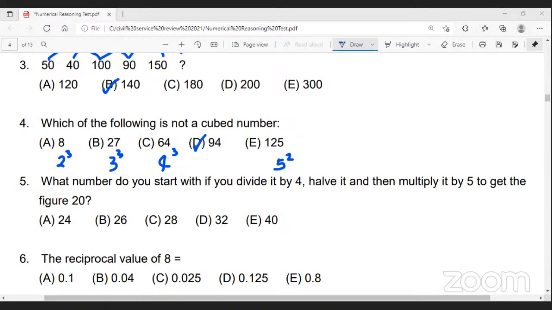Working backward. Start with the last, with the result. Make use of the result, and go working backward until you get the number to start the operation with. Working backward. 32. So we get the figure 20.